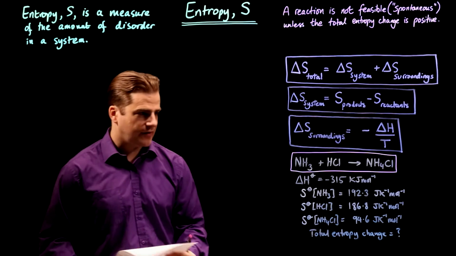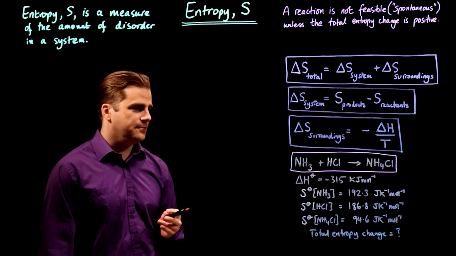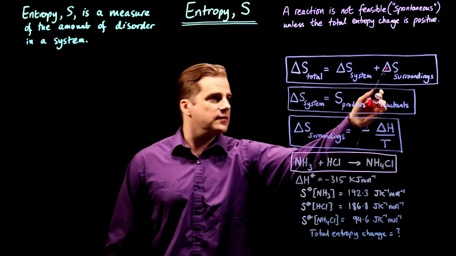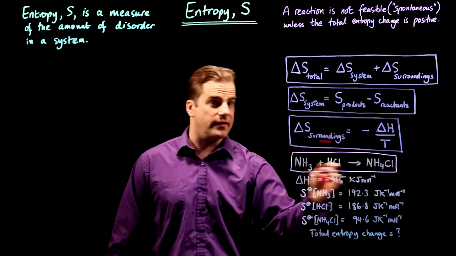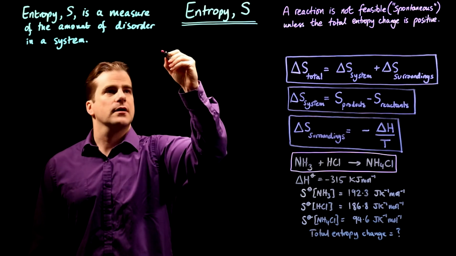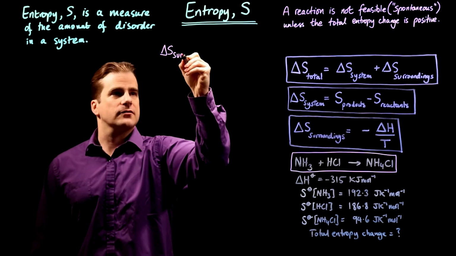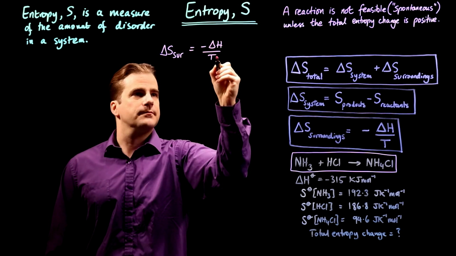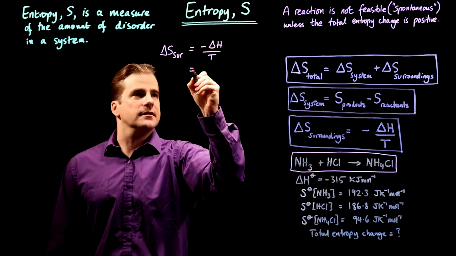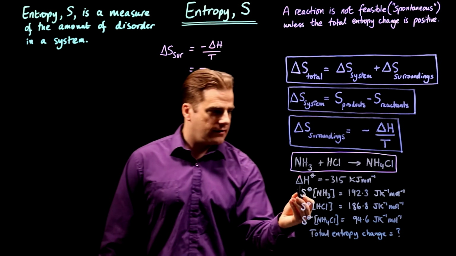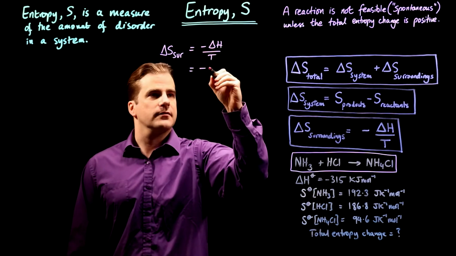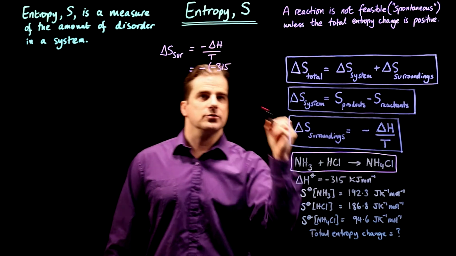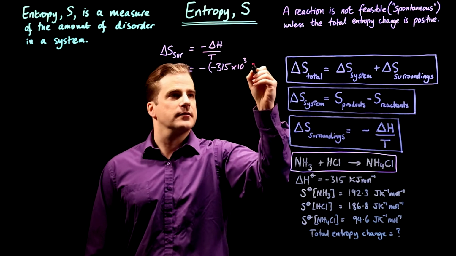I've put the numbers in the calculator earlier. To get delta S total, we need delta S of the surroundings. Let's work that out using this formula. Delta S of the surroundings is minus delta H over T, where delta H is minus 315 kilojoules, so minus 315 times 10 to the 3 joules per mole.